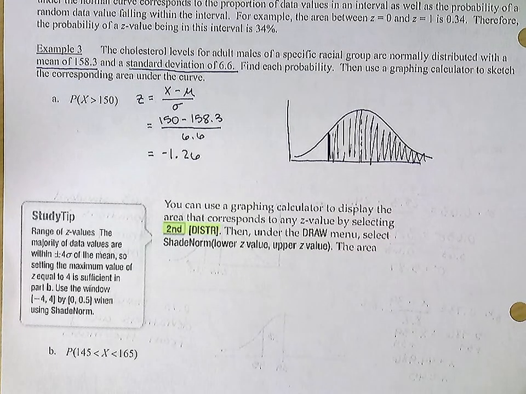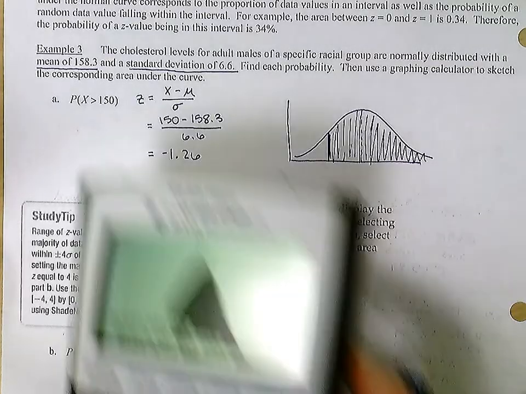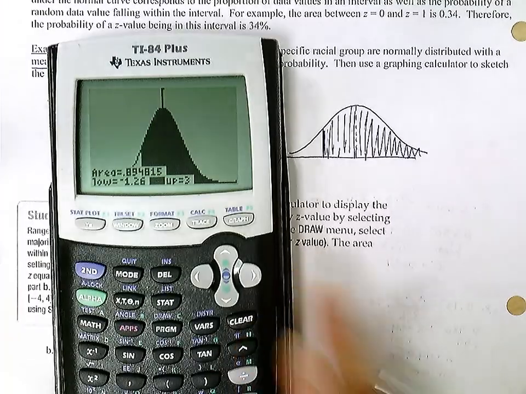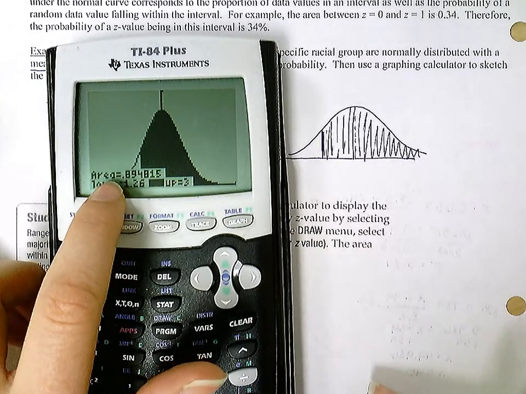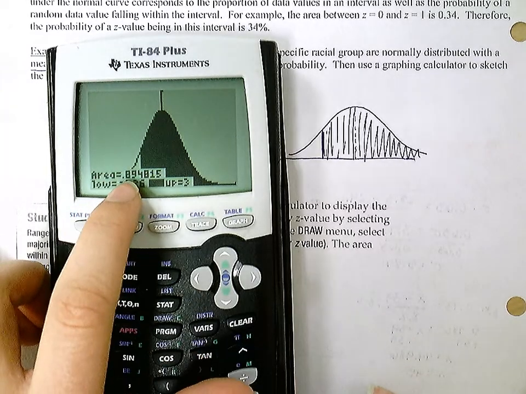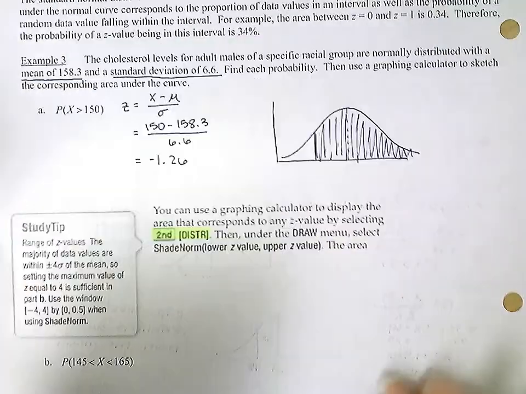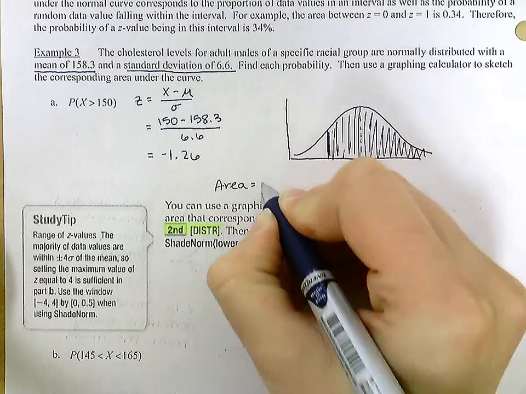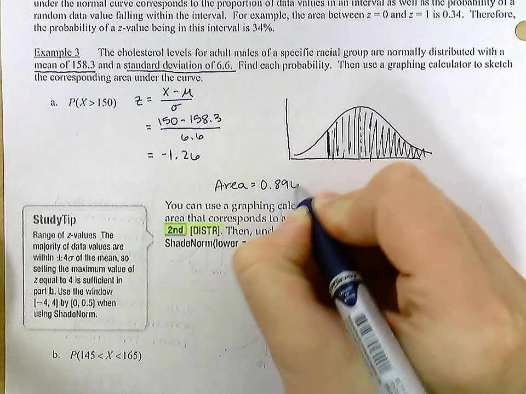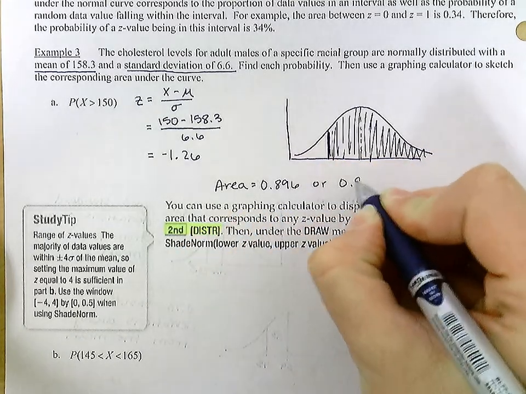Now if you look at your screen on your calculator with the graph, it says area equals. Okay, do you see that area equals part? Okay, it's 0.89. Okay, so I can say that area is equal to 0.896 or just 0.9.